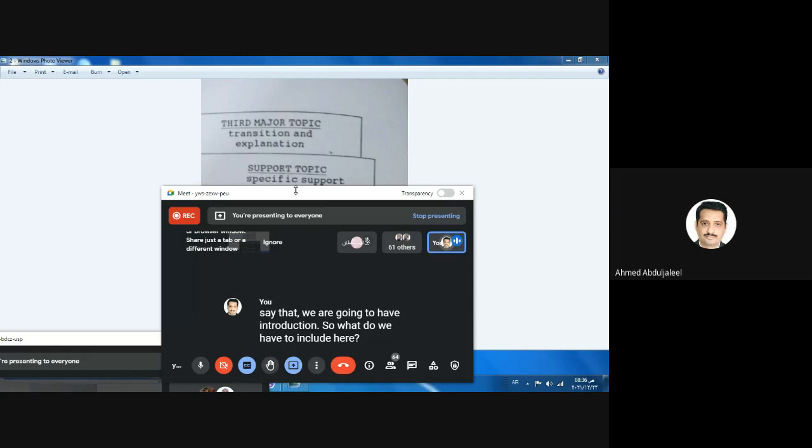First of all, let us see the reason behind having a statement of the problem, or even when we say introduction. Here we have two things to consider. That is gaining the reader's interest. What does this mean? It means that we have to convince the reader that the topic selected in this research is of value.